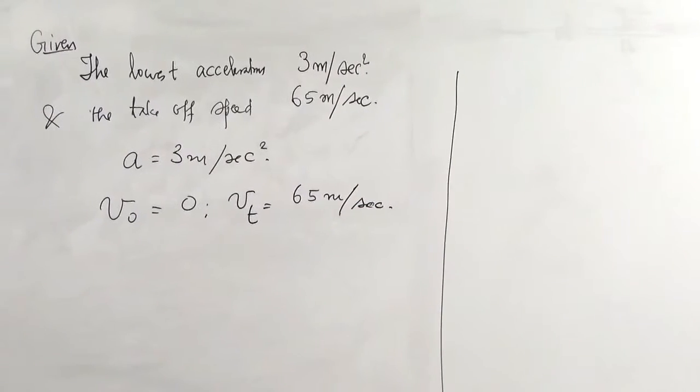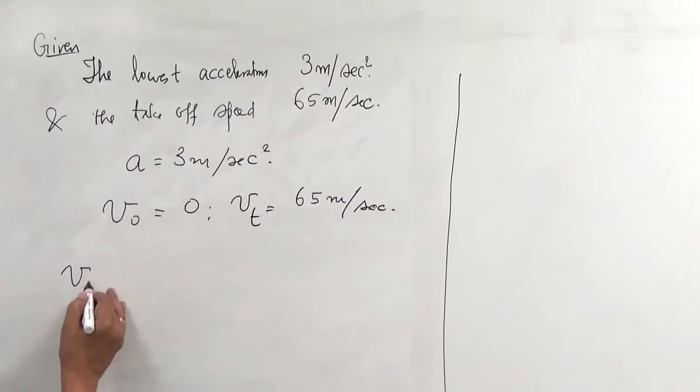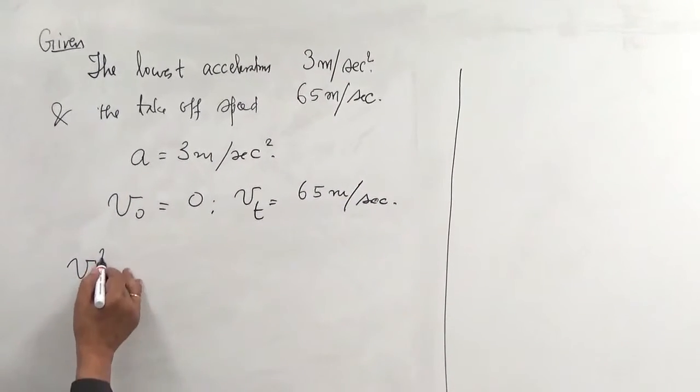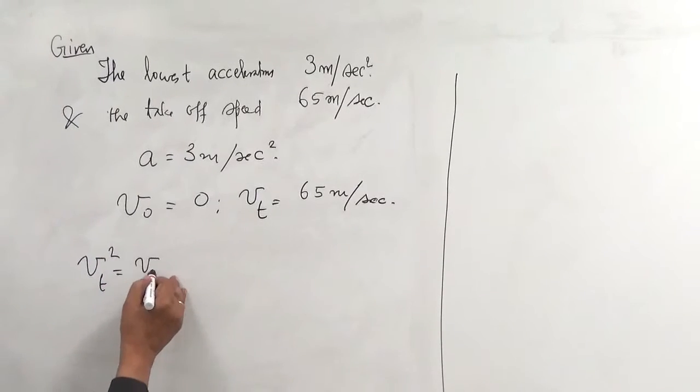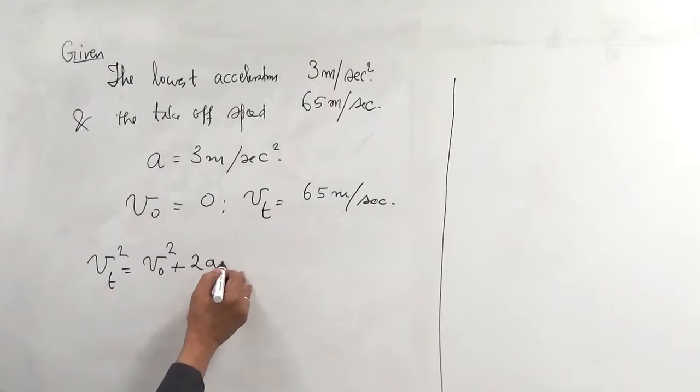Now we want the distance. So what is the relation? We already know that Vt square equals V naught square plus 2a into the distance.